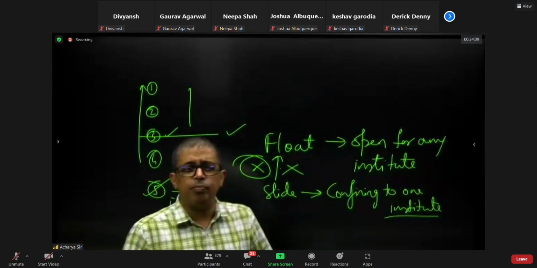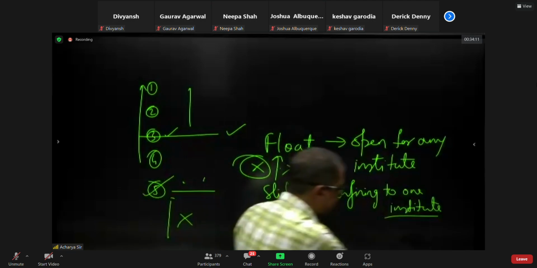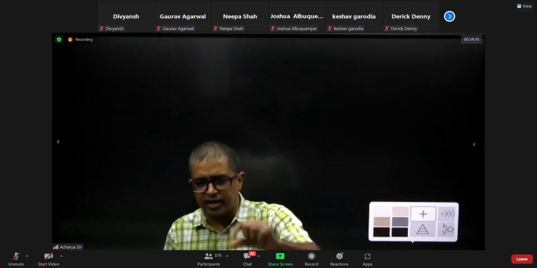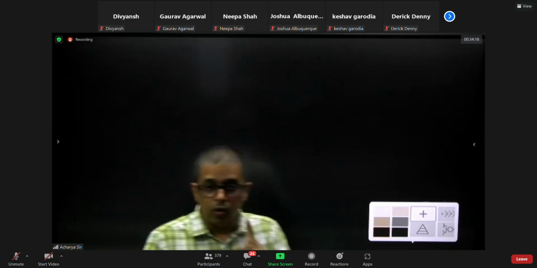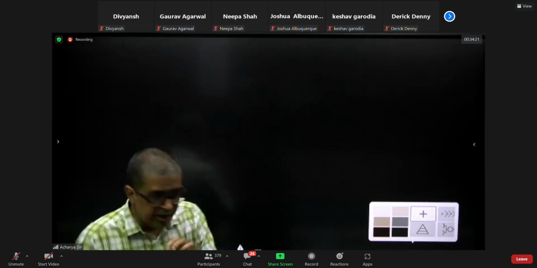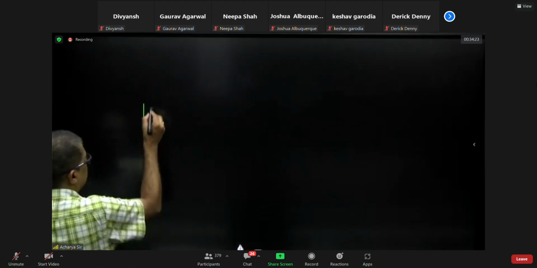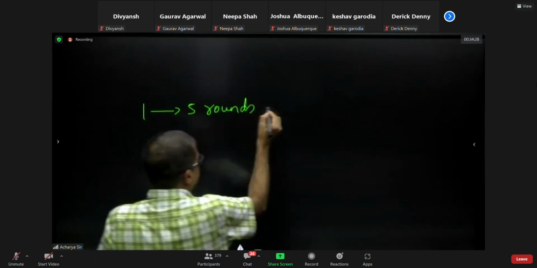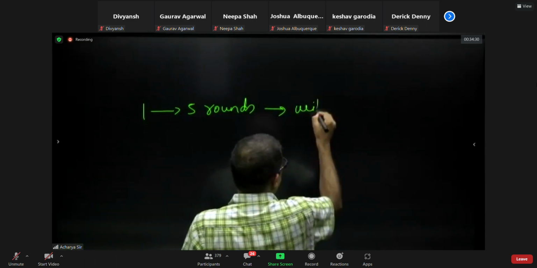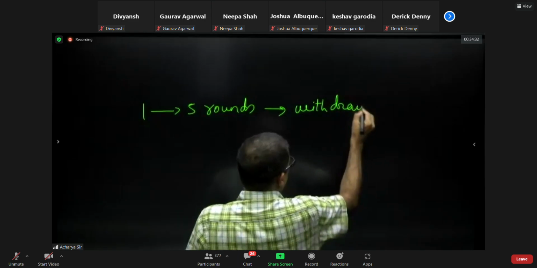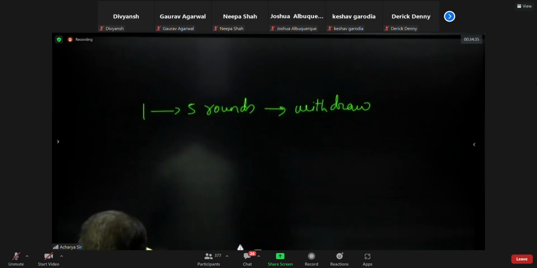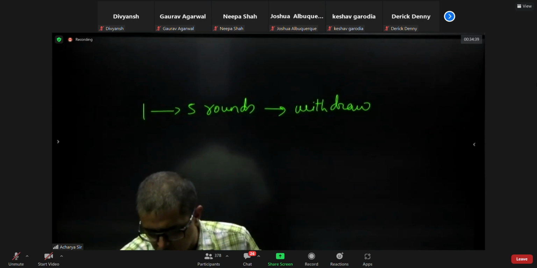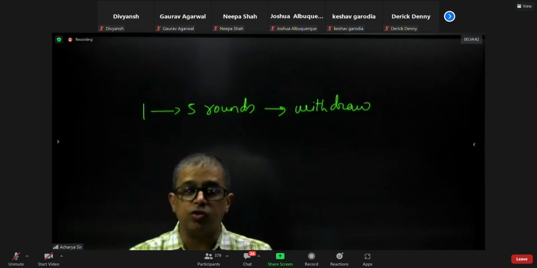One specific important point here, which creates a bit of discomfort to students who are in the rank of 10,000 to 15,000. What is it? In the first 2-5 rounds, any time in between you can withdraw. If you see the information brochure, the last page has the form for withdrawal of allotted seat from JoSAA counseling.